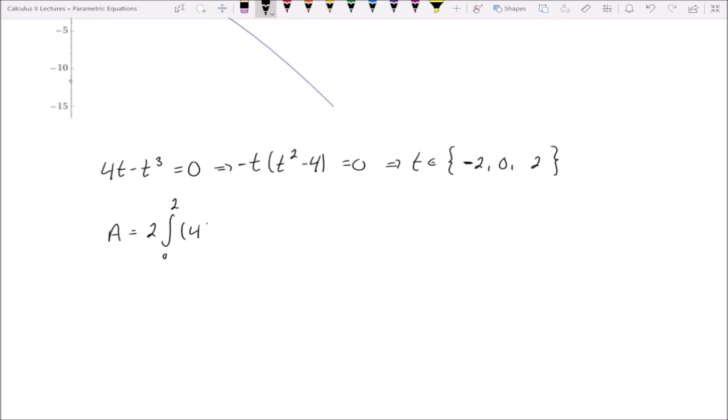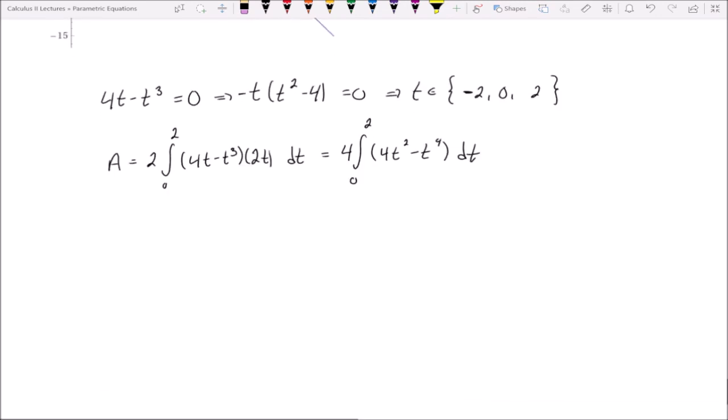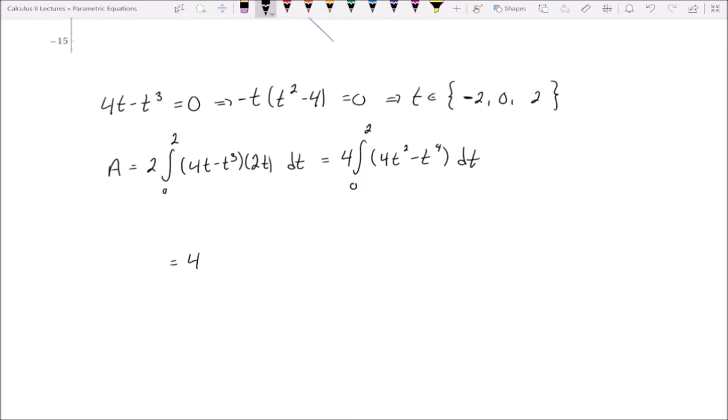Now we said it was y times x prime, so we get 4t squared minus t to the 4th power. Integrating, we get 4t cubed divided by 3 minus t to the 5th divided by 5.